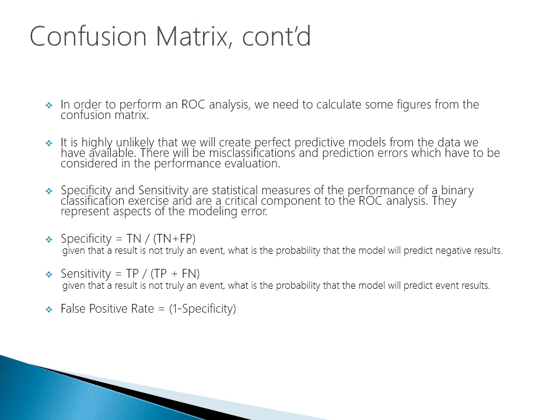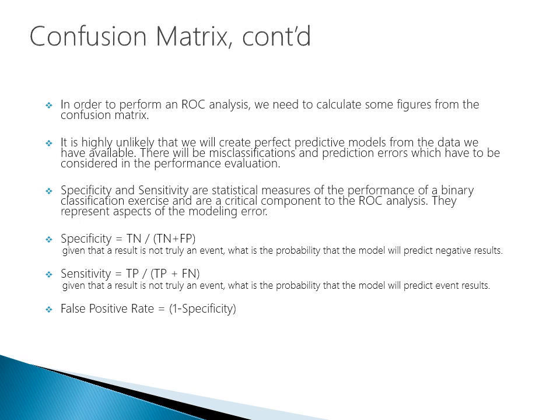Specificity is the true negative divided by the true negative plus the false positive. What this means is that, given that a result is not truly an event, what is the probability that the model will predict negative results?